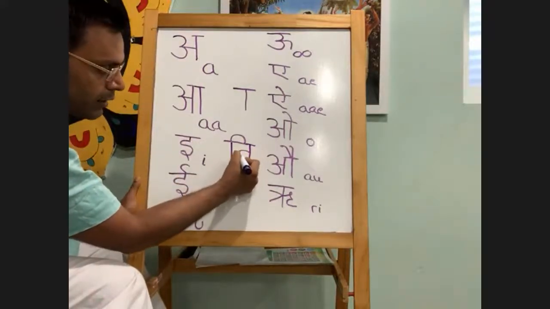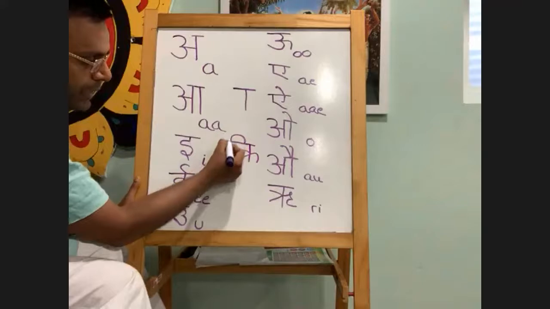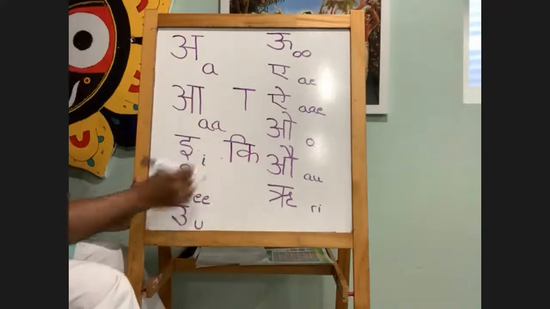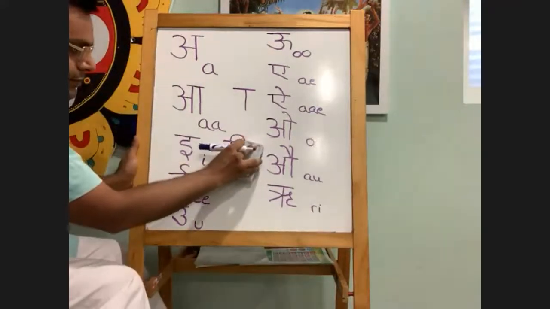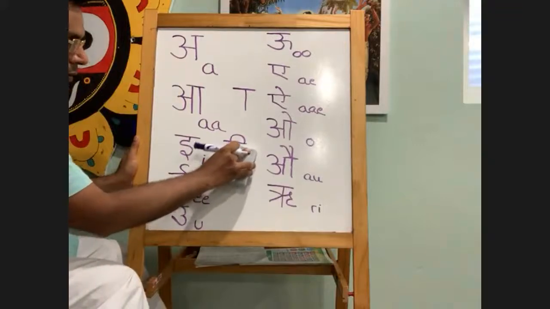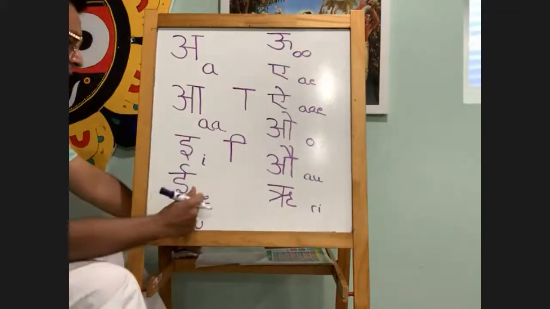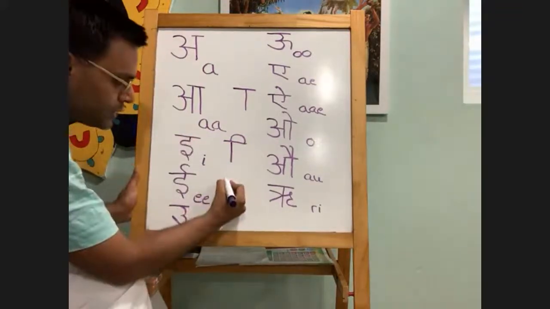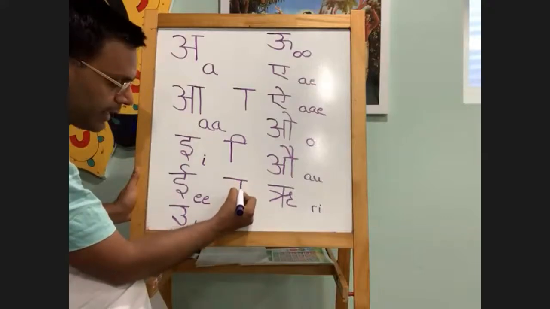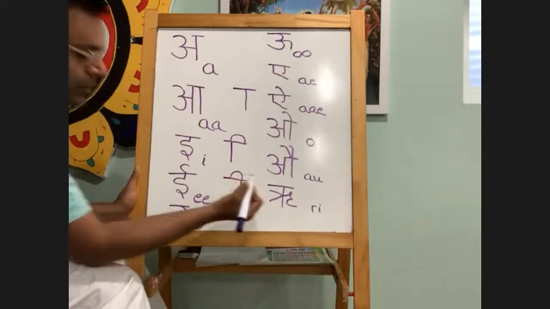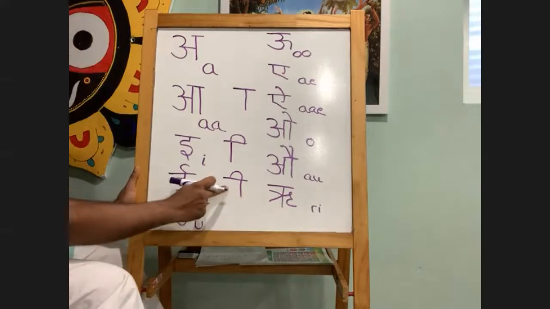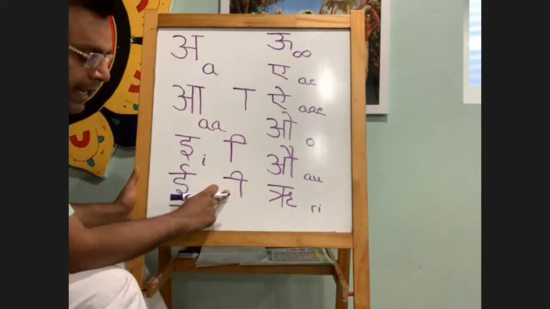So you write Ka, and in front of that the matra of E. E also has the same straight line and upside down half moon, but the difference is this matra comes behind the letter.